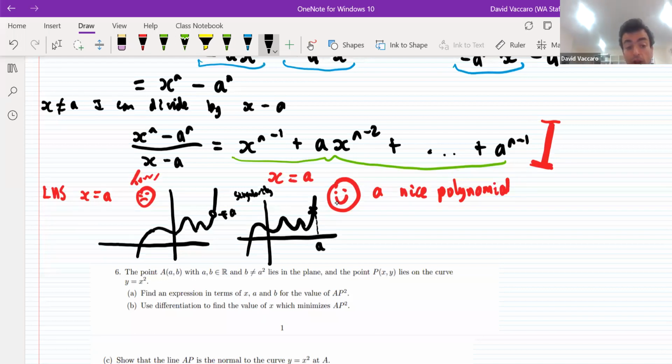So two questions. What happens at x equals a as x tends to a on the left-hand side? And why is that of interest in a webinar about differentiation?